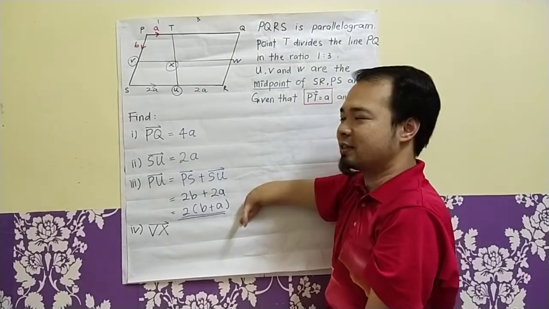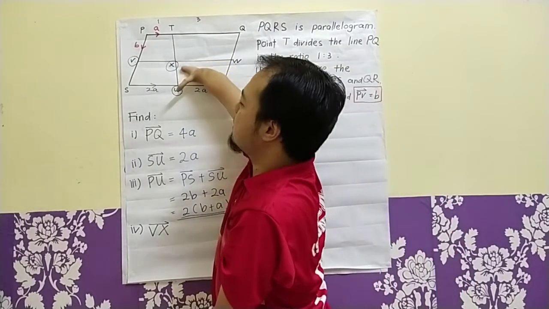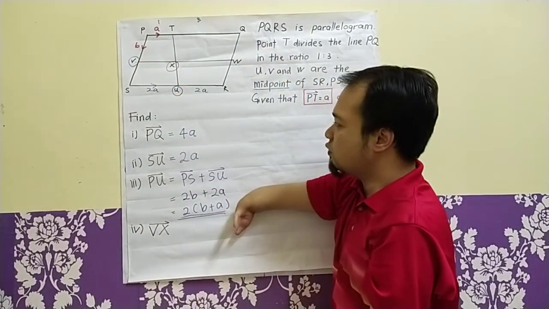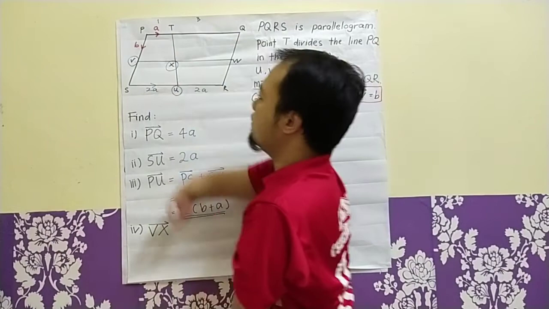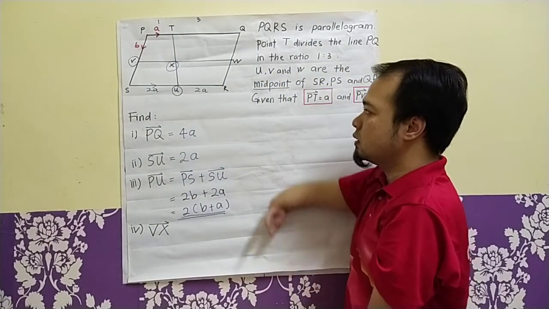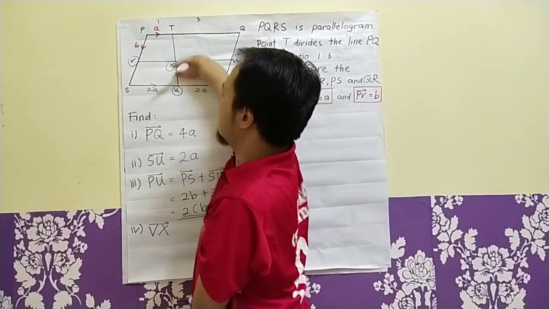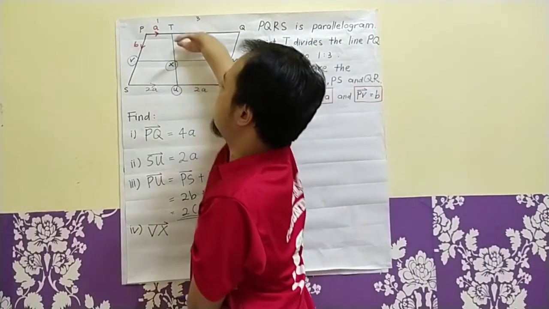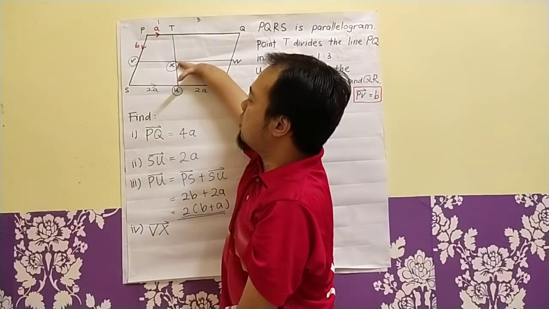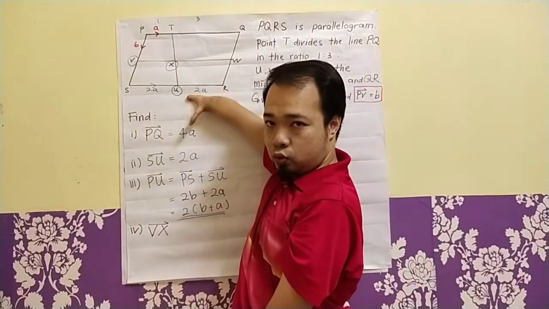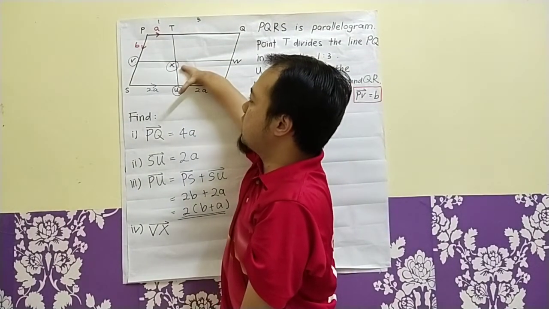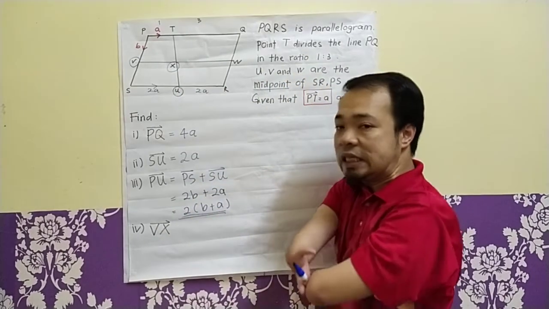No, X is not the midpoint of VW. So how do we find the vector VX? Look at the line TU. X is somewhere in between T and U, so X is actually the midpoint of TU.